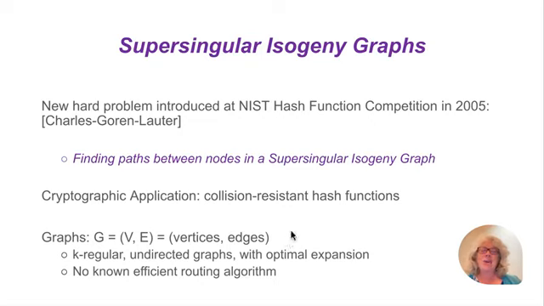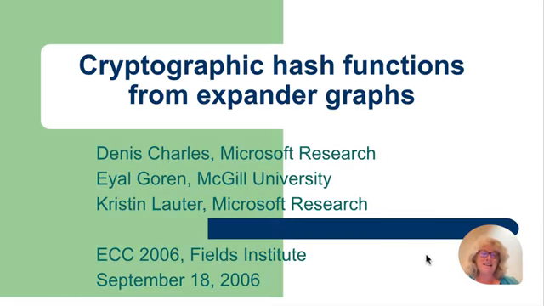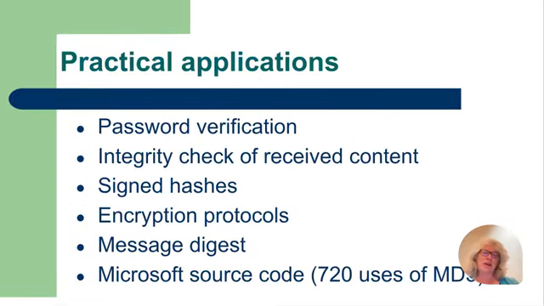We also wanted optimal expansion properties, so as you walk around the graph, you should quickly get to a uniformly random place on the graph. And we also wanted, obviously, no known routing algorithms for finding paths, which was the underlying hard problem.